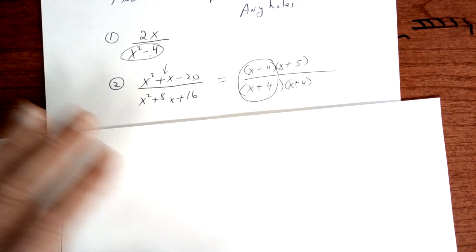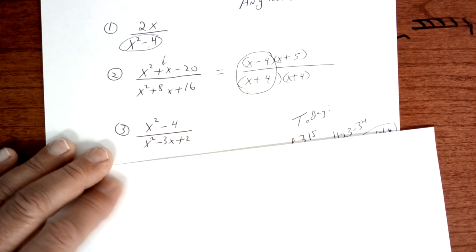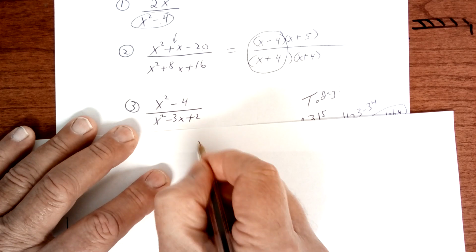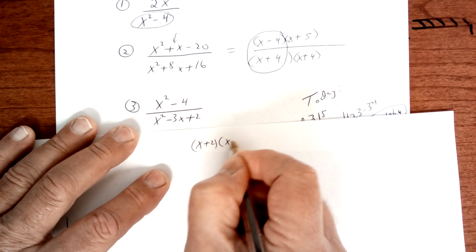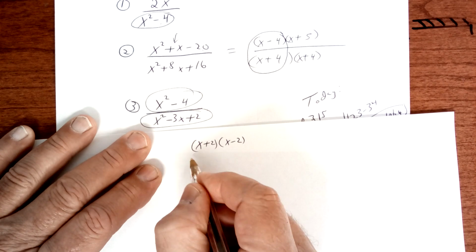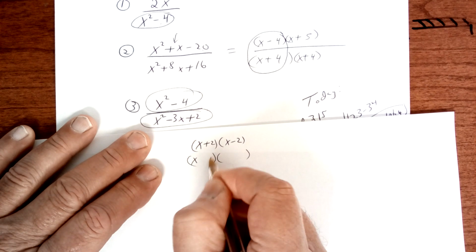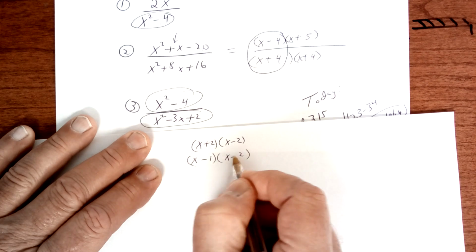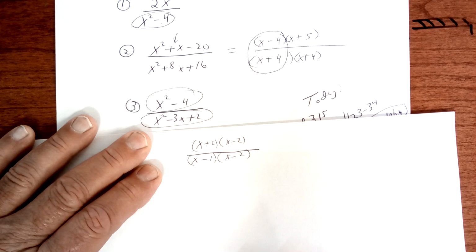Okay? Let's go to this one right here. This one right here, I'm going to factor it as x plus 2, x minus 2 up top. And then down at the bottom, it looks like x plus 1 and x minus 2, and a negative and a positive is 2 negatives. All right, this is a good one. Because this, let me think. Okay, yeah. Right here, you're going to have a hole.